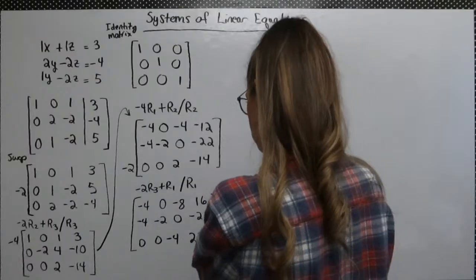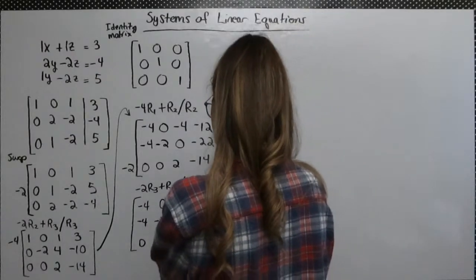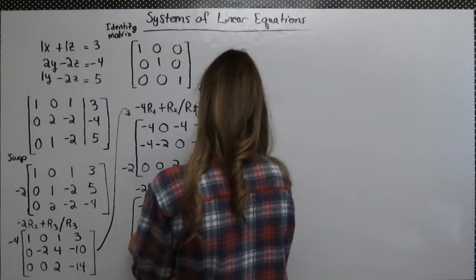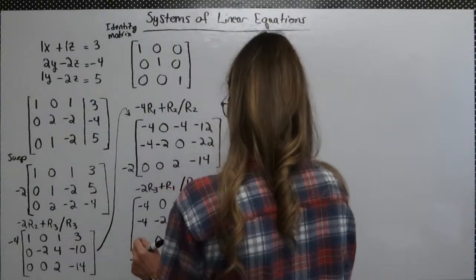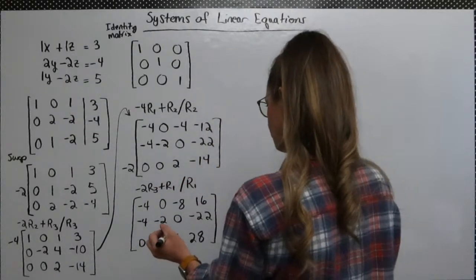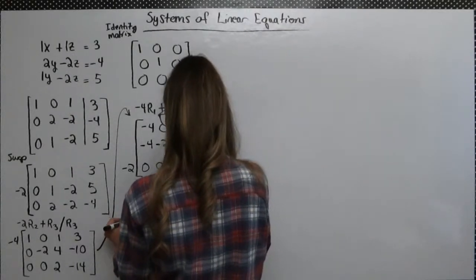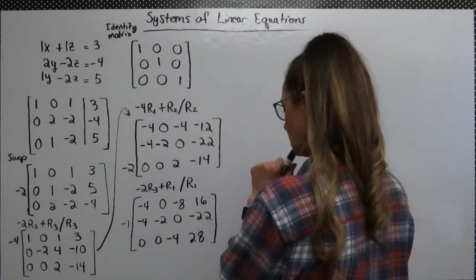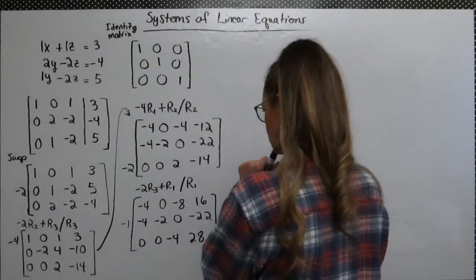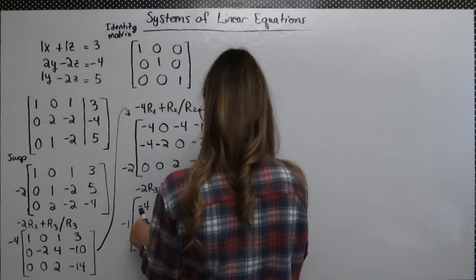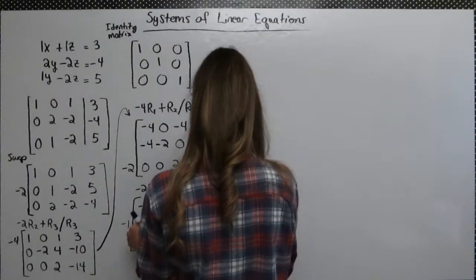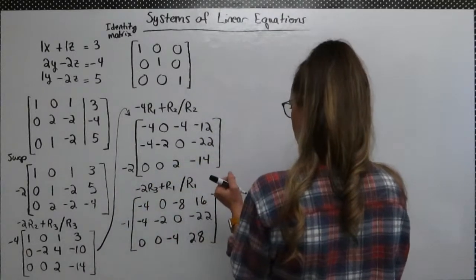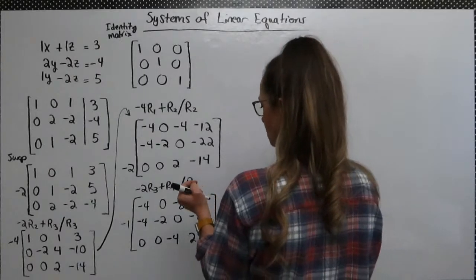So I need this one to be 0. So if I multiply by a negative 1, multiply that by a negative 1 and add to row 1, then I can make that position 0. I'll have to replace row 2, I think.